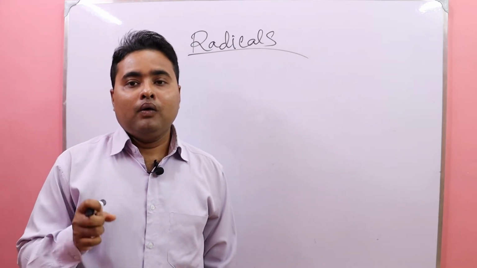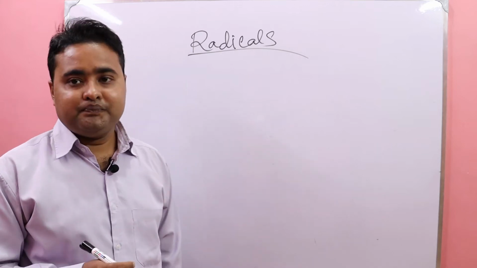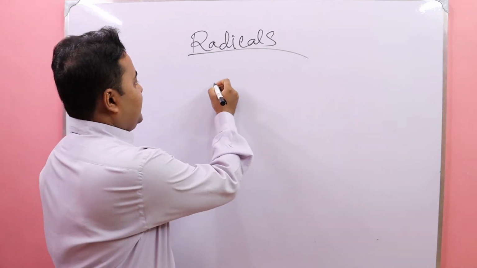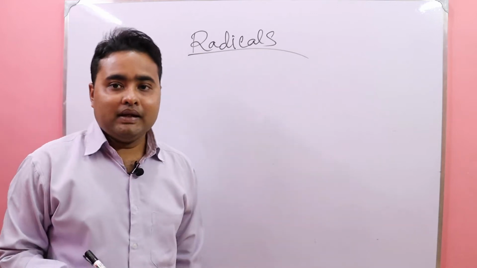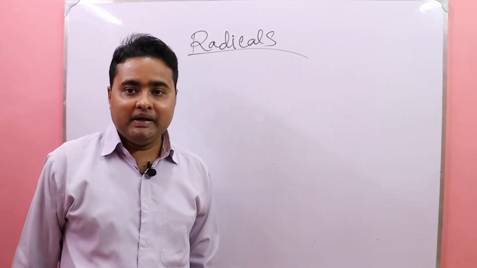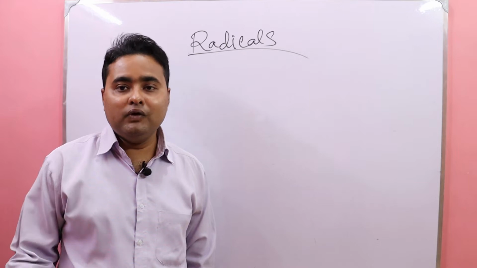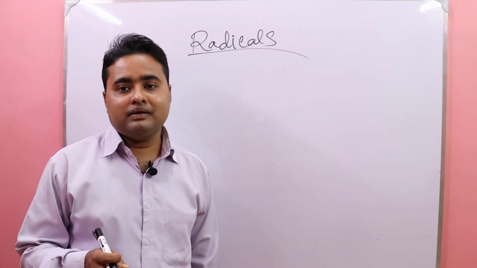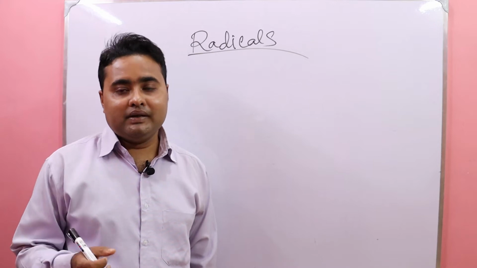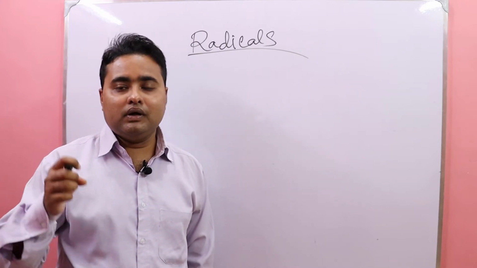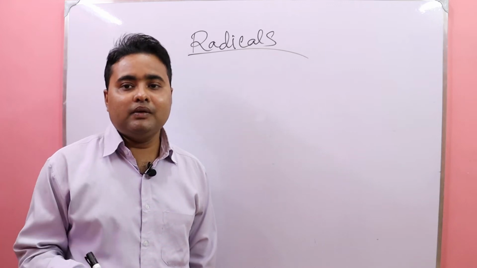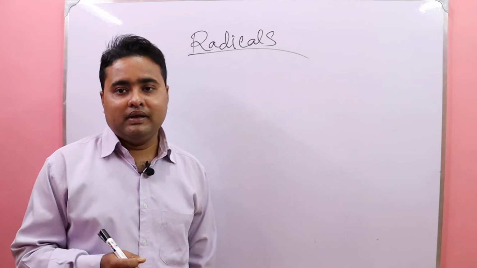Actually, when an atom wants to gain maximum stability, that is, to fulfill the valence shell electronic configuration by octet or duplet, octet means to fill the outermost shell with 8 electrons, and in case of duplet, 2 electrons.